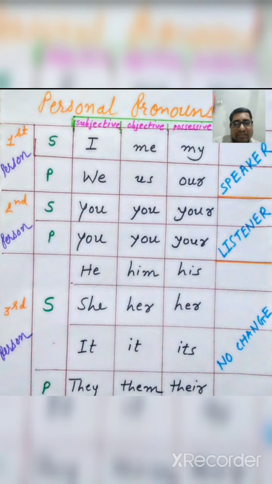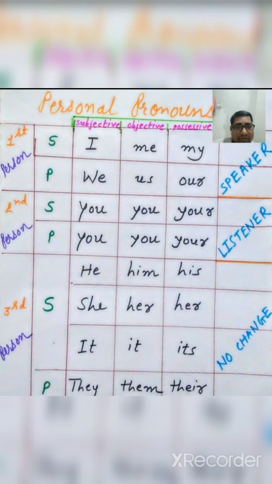Okay, the same with second person, singular is you and plural is also you. When the listener is only one, you will use you. Okay, you are a student, you are a girl, you can do it on your own. But when the listeners are more than one, you will have to mention plural verbs, like you are students, you are girls, not you are a boy, you are a girl.